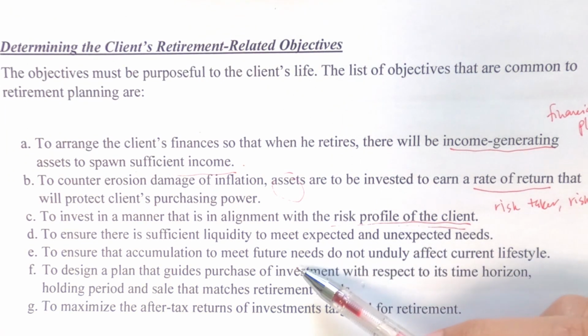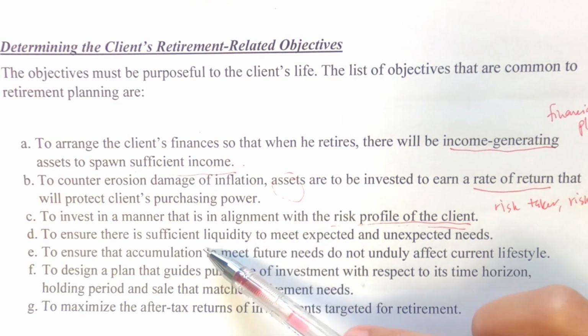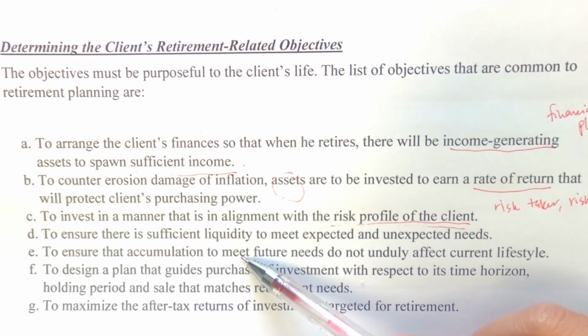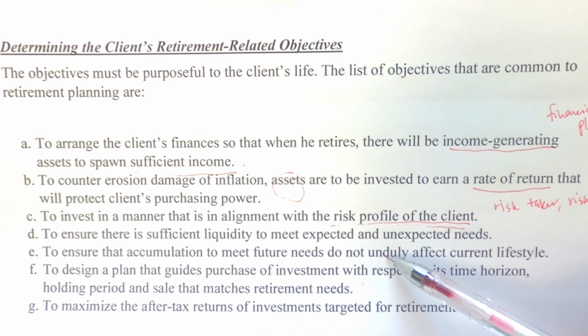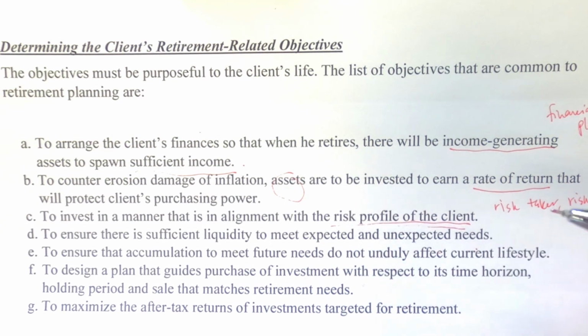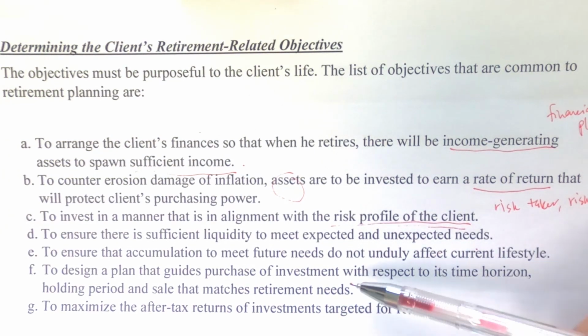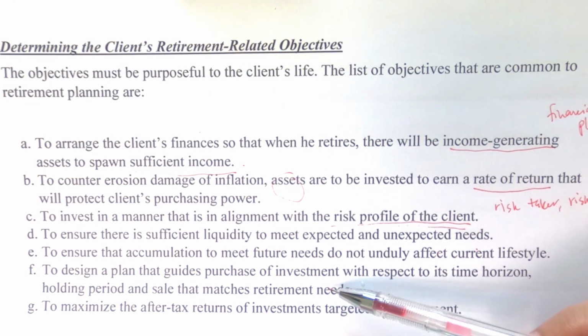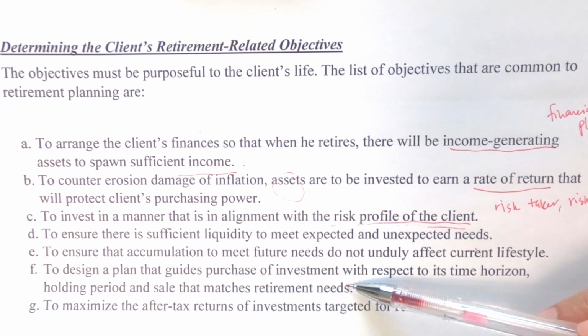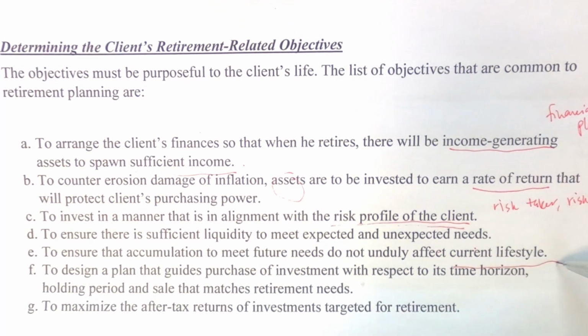Other than that is to ensure that there is sufficient liquidity to meet expected and unexpected needs, and to ensure that the accumulation to meet future needs does not unduly affect current lifestyle.